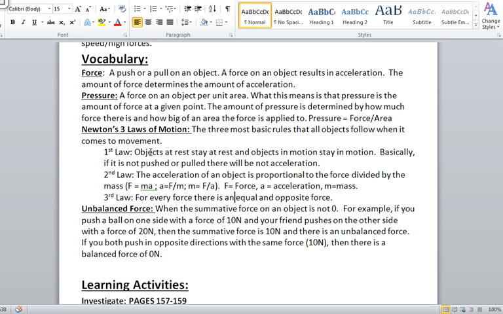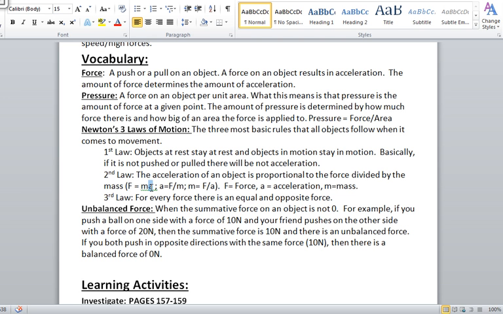Now the second law brings in, well, if there is a force, then this will happen. And that's what brings up the equation force equals mass times acceleration. This is really easy to understand in the fact that if you have a large mass and you want to accelerate it, it takes a greater force. In other words, it is easier to push a small car versus a large car.